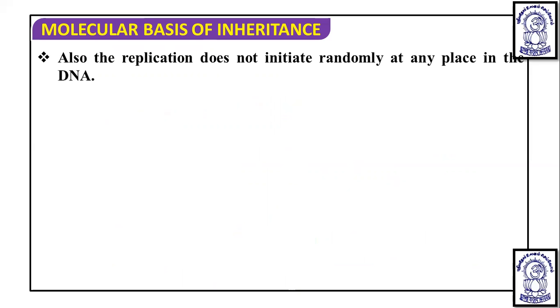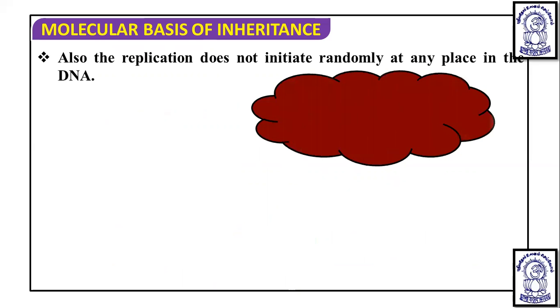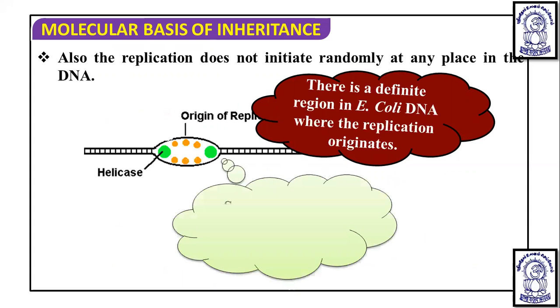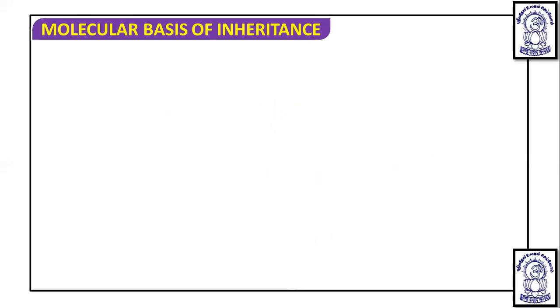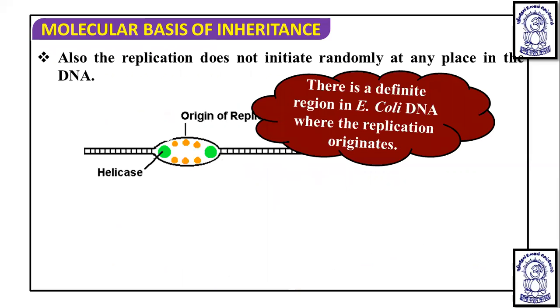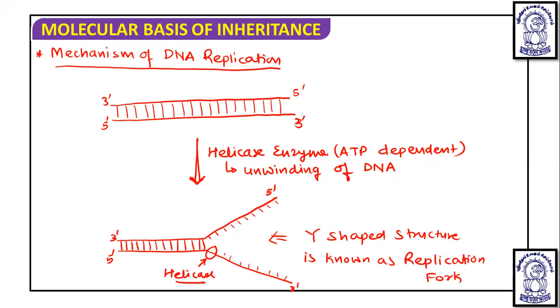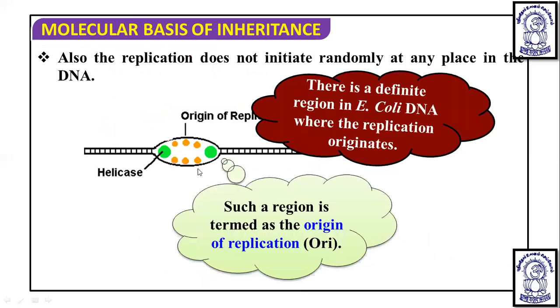So replication does not initiate randomly at any place in the DNA. There is a definite region in E. coli where the replication starts, and we call it the origin of replication. Suppose the origin is here, then it will cause unwinding of DNA like this.